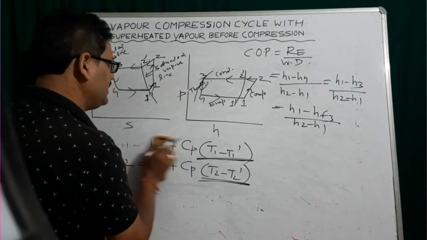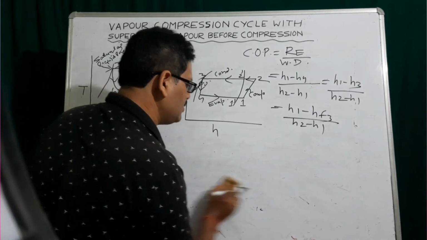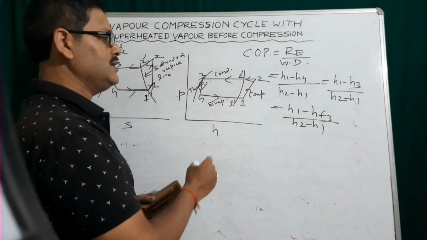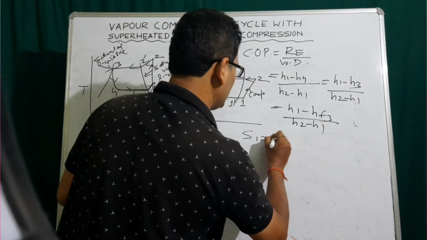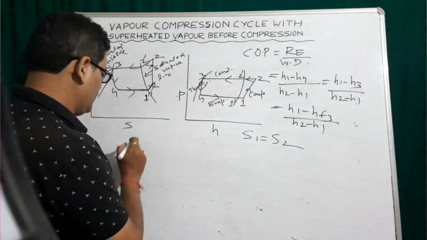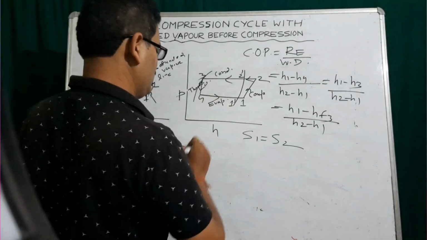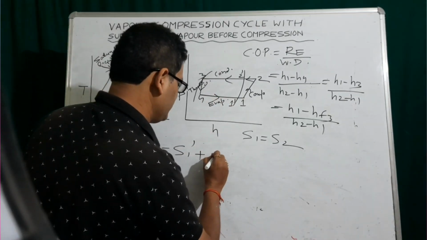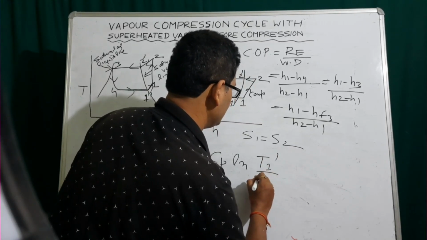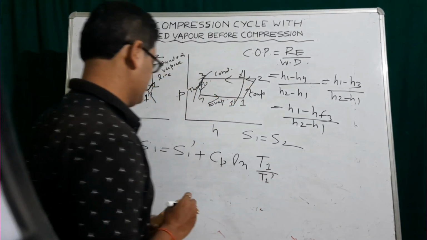Because if you know any one of those, you can find out the other one, because all of us know that 1, 2 is an isentropic process. So S1 is equal to S2. S1 is nothing but the entropy corresponding to 1 dash plus Cp ln T1 by T1 dash.